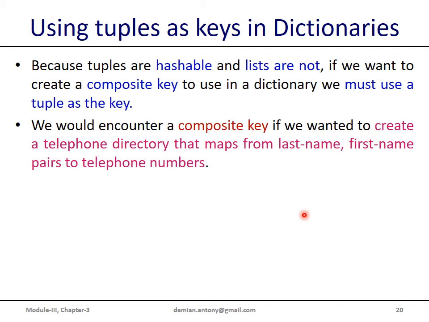Suppose we want to map a telephone number to a person having last name, first name and middle name. How to store the number based on last name, first name and middle name?